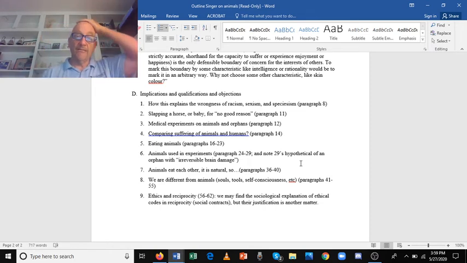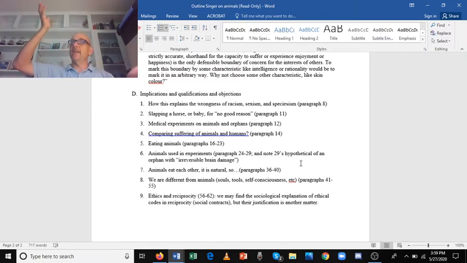If you read paragraph 12, Singer's going to say, well, it's not clear a lot of those experiments really do have that kind of payoff. So again, that net balance that we talked about with Mill, that calculation may be done the wrong way. But the principle here is the equal consideration of interests. Do non-human animals have an interest in not suffering?